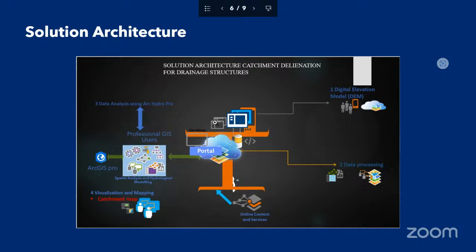The data used in this study is a digital elevation model that was acquired from the open source USGS Earth Explorer, United States Geological Survey, with 30-meter resolution. A digital elevation model is raster data representing terrain elevation in a grid format.